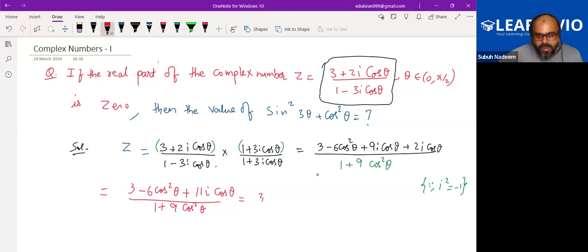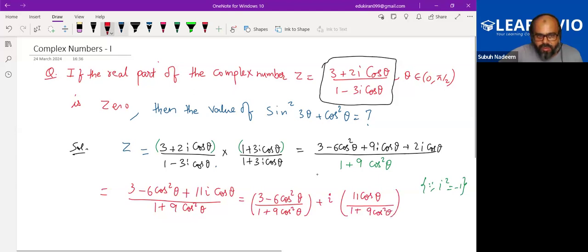So you can write it as 3 minus 6 cos square theta upon 1 plus 9 cos square theta, so this is one part, plus i times 11 cos theta by 1 plus 9 cos square theta. Now this is in the form of x plus iy. This is x, this is y.